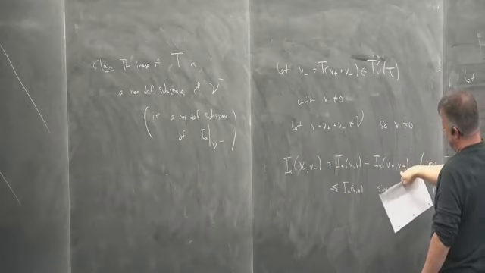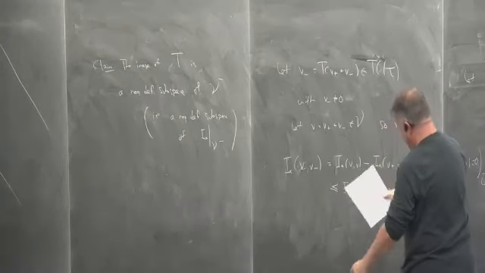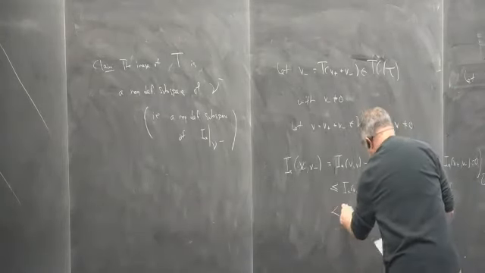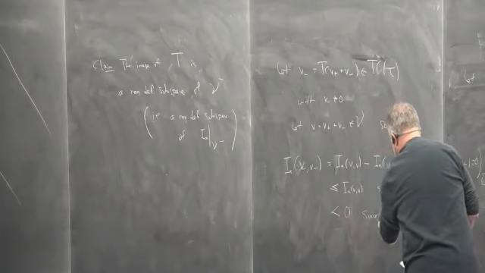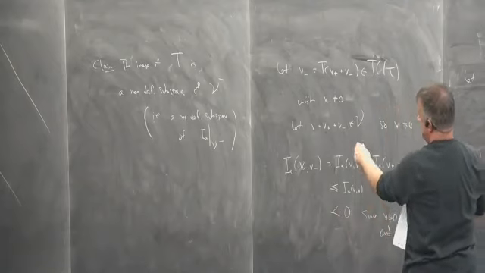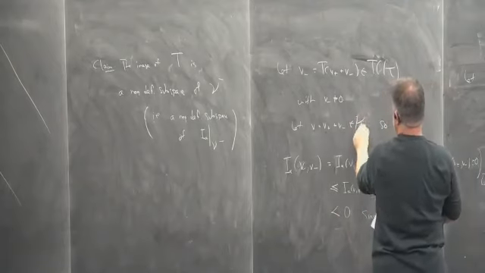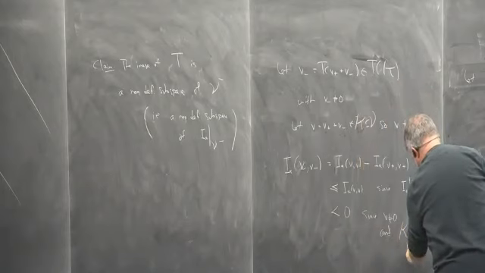V plus may be 0 or non-zero, but this is non-negative. So I'm subtracting something non-negative, so this can only decrease. And then this is less than 0 since V is not equal to 0 and V is in K, which is contained in V. And K is a negative definite subspace.